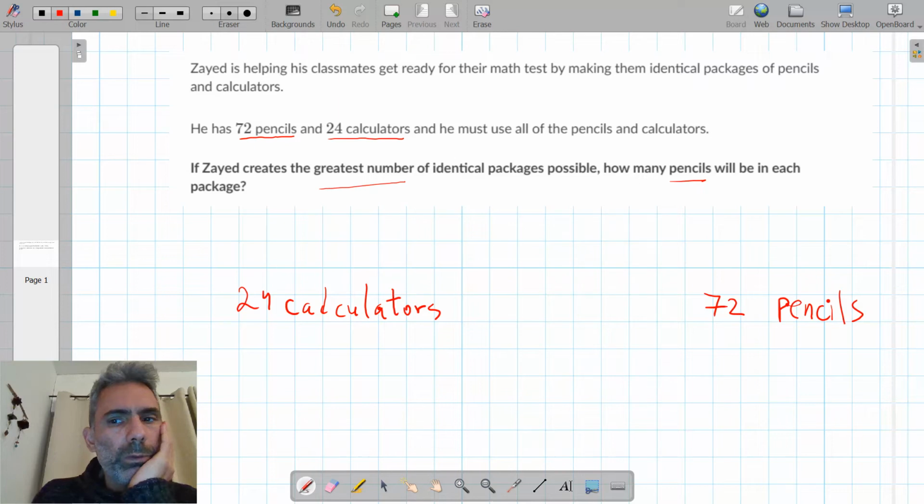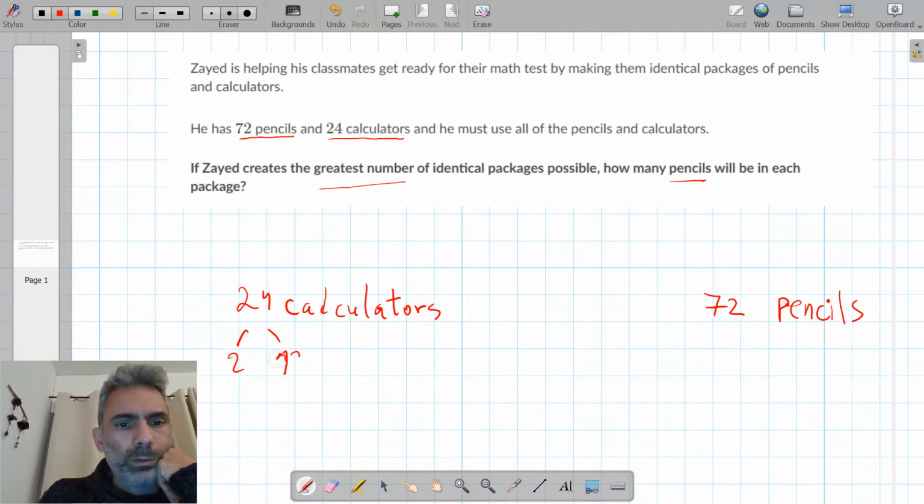Okay, so let's see. 24 is 2 times 12. 12 is 3 times 4. 4 is 2 times 2. So 2 times 2 times 2 times 3 is 24. Right?